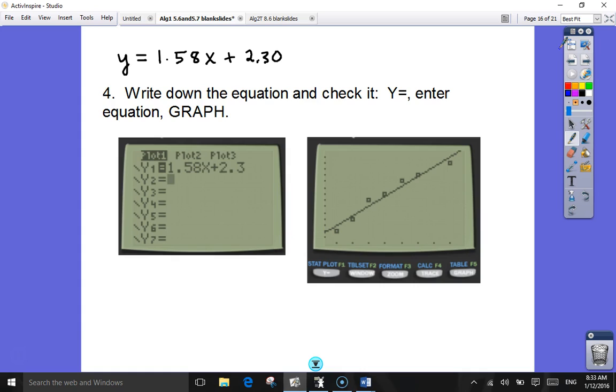And see whether you don't see your points with a line going right through the middle of them. Because you didn't do zoom 9, right?